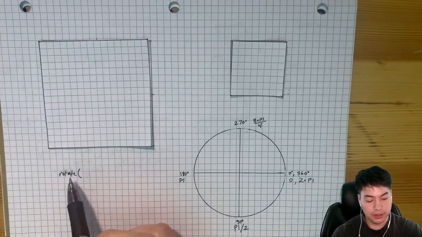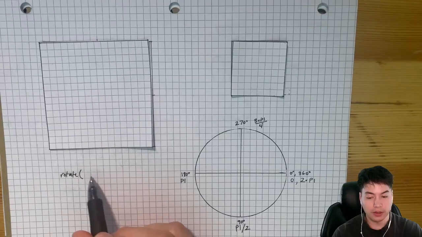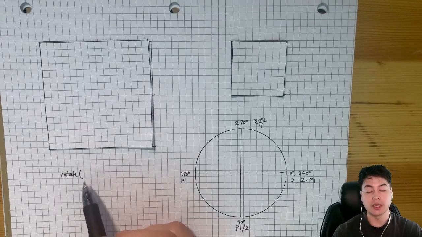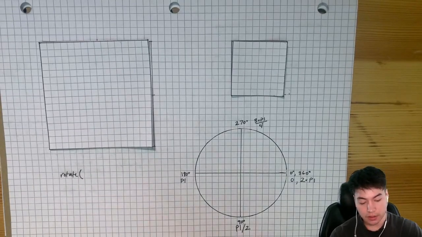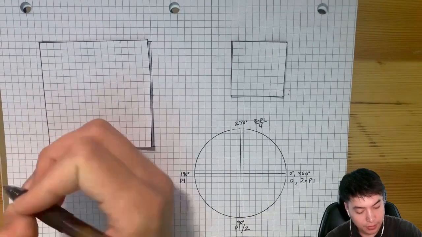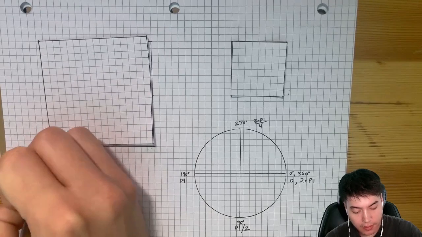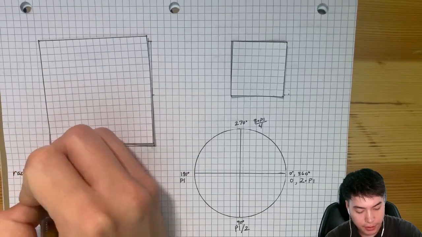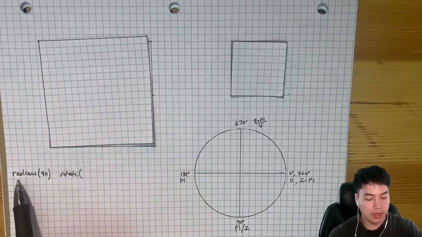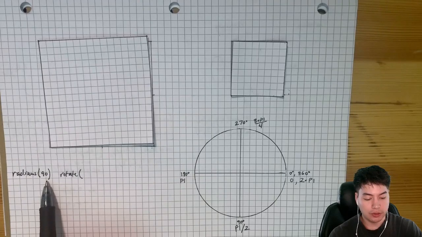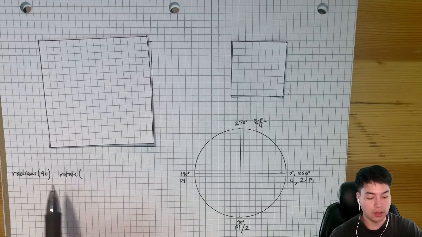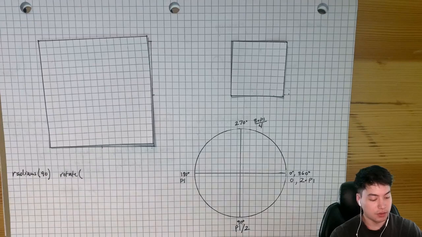This function is expecting that argument in radians. If you're not familiar with radians, there is a radians function. You could just say radians, and if I want a 90-degree rotation, I can put in 90, and this will automatically translate 90 degrees into the equivalent value in radians, which is actually pi over 2.